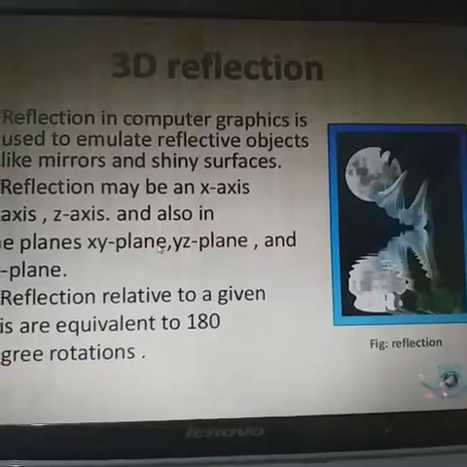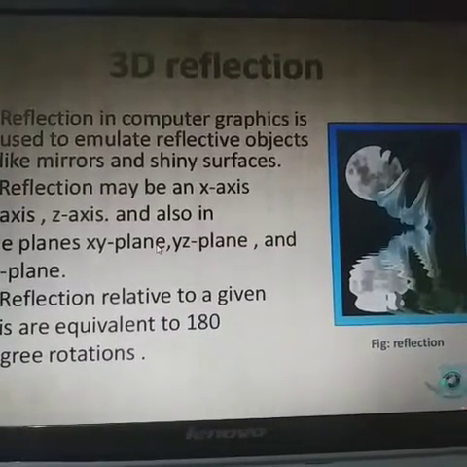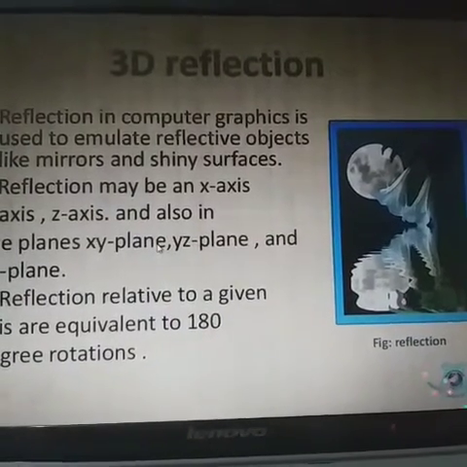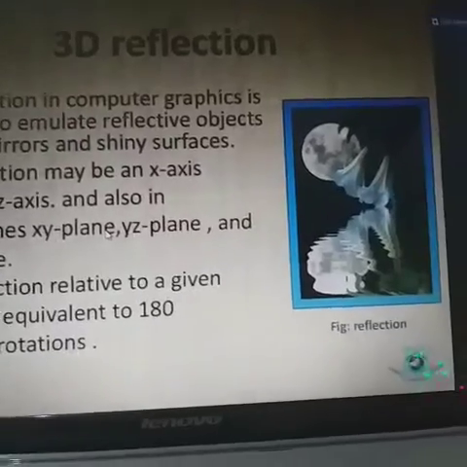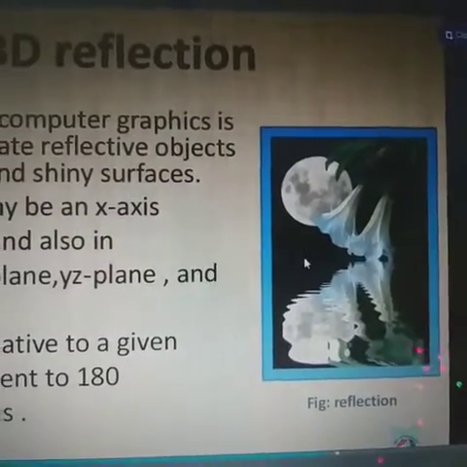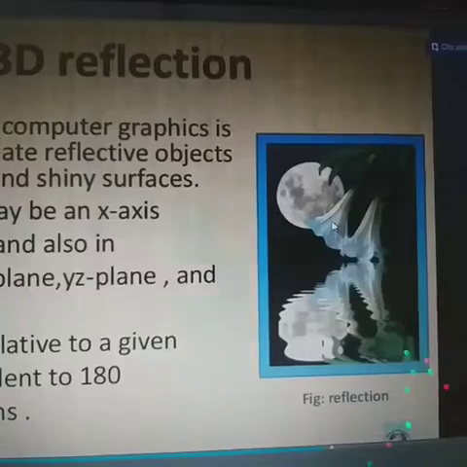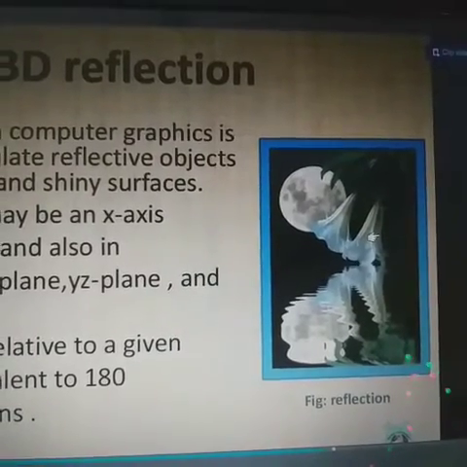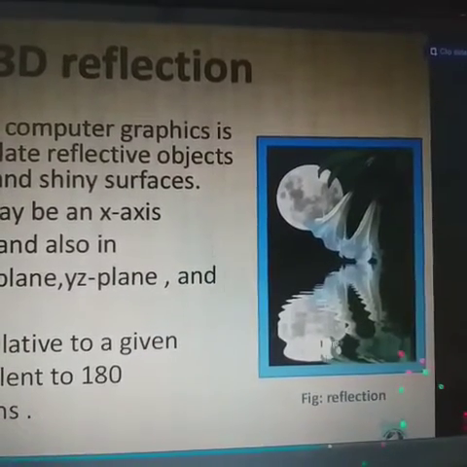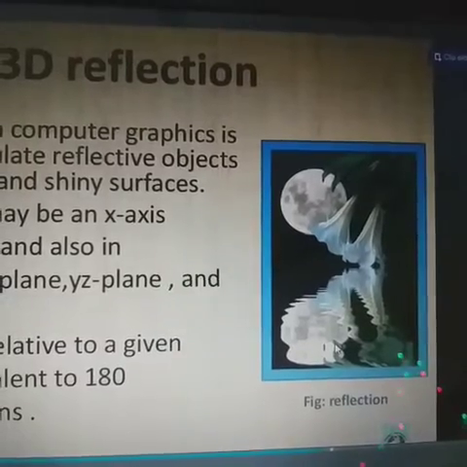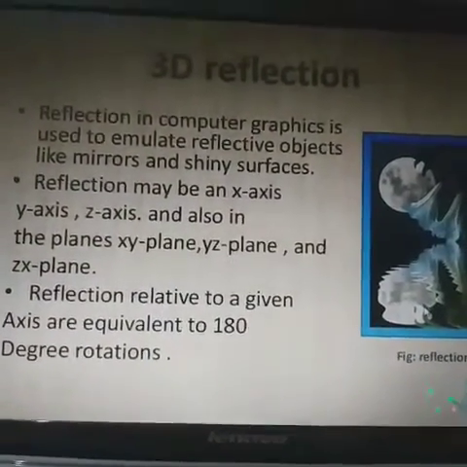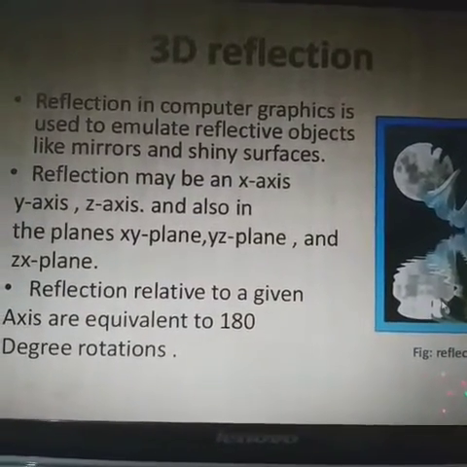Our left hand side is the right hand side on the opposite side, so that is the mirror reflection. This is also an example: the moon and the flowers in the water are seen on the bottom side. So there is 180-degree rotation of the object when we are talking about reflection.